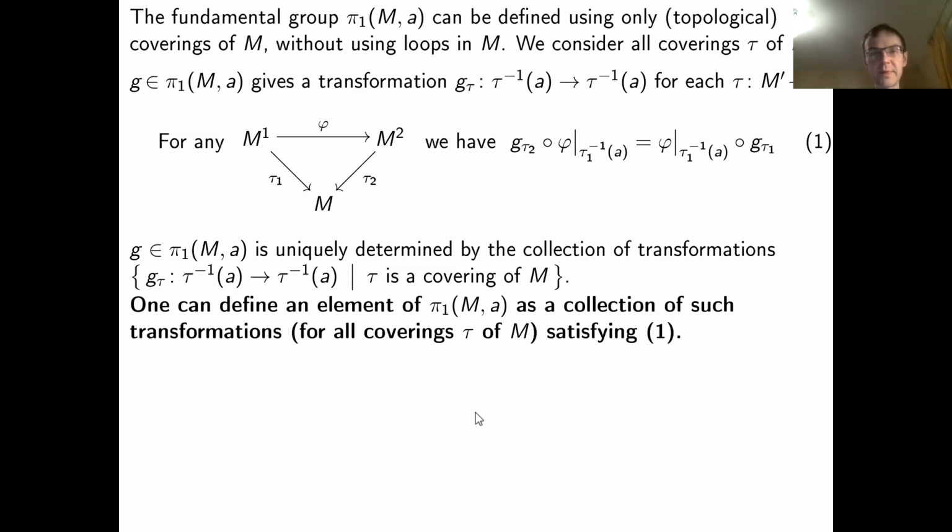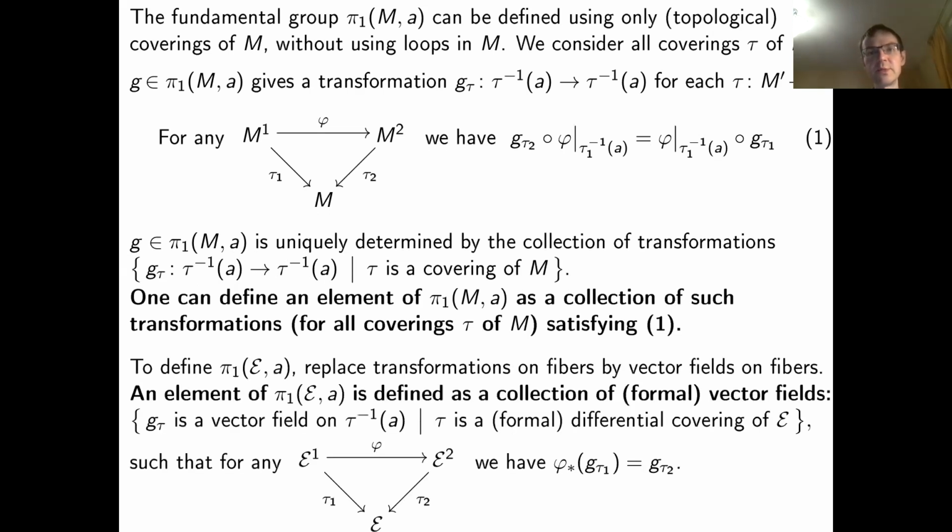Okay, now we use a similar approach in order to define fundamental algebras for PDEs. The main idea is that we consider an infinitesimal version of the above approach. Here, G tau is an invertible transformation of the fiber, and now we replace invertible transformations on fibers by vector fields on fibers.